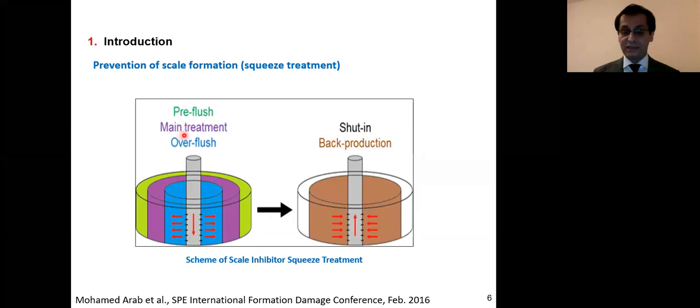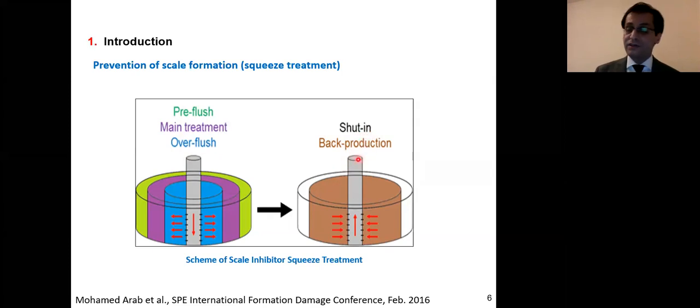After that, we need the scale inhibitors to reach the deepest part of the reservoir. In this case, seawater is used as an overflush agent. After that, the well is shut in for 24 or 48 hours to let all the injected scale inhibitor be retained around the wellbore.